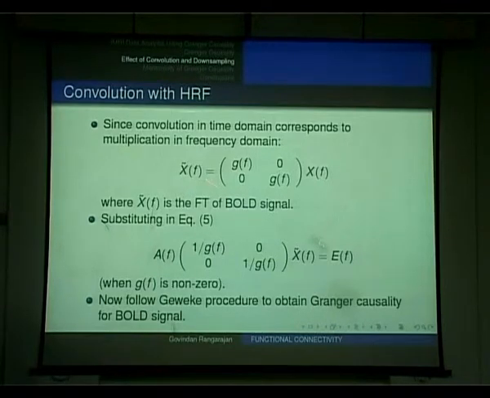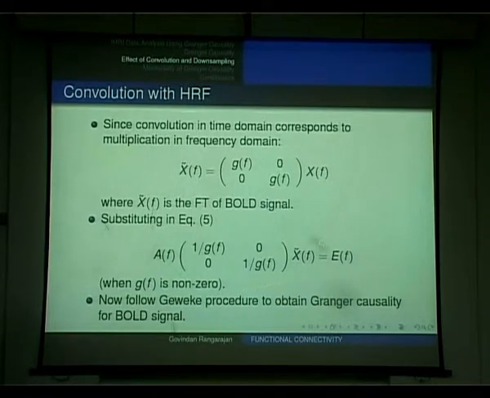I'm using, for right now, the same HRF function for both x1 and x2. So x is a vector here, it has x1 and x2 components corresponding to the two processes. So x tilde is the Fourier transform of the BOLD signal. You have the convolution of the HRF with the neuronal signal, and that gives you x tilde, which is the Fourier transform of the BOLD or fMRI signal.